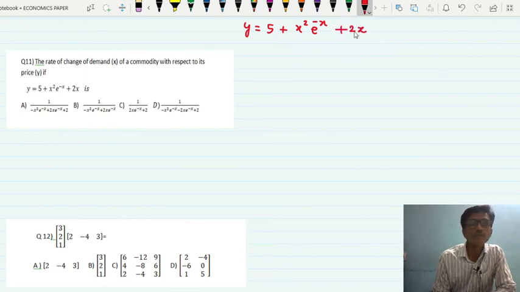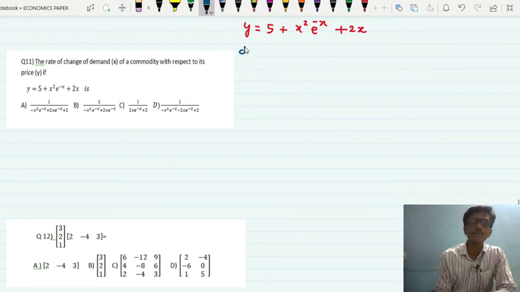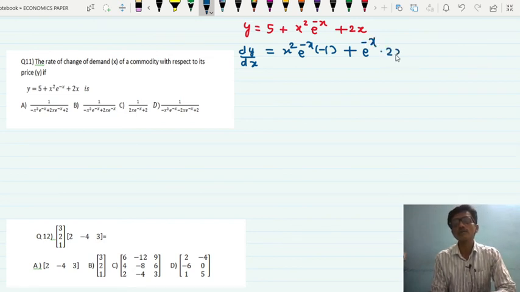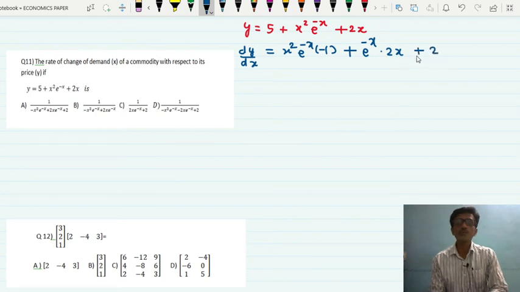So we differentiate it with respect to x. dy by dx is equal to, the derivative of 5 is 0, the derivative of this will be x square into e raised to power minus x into minus 1. Product rule we use here, e raised to power minus x into 2x, the x square derivative, plus the 2x derivative is 2.